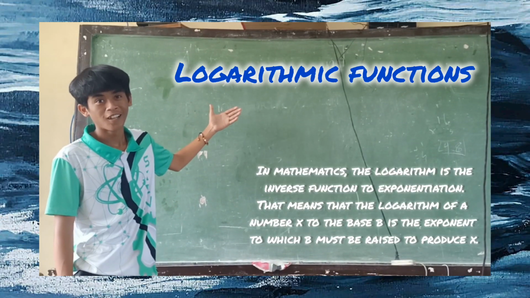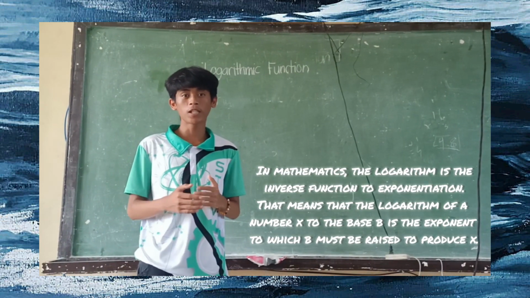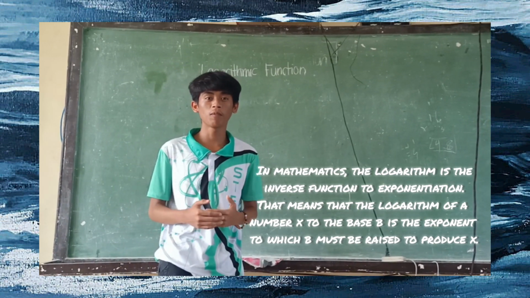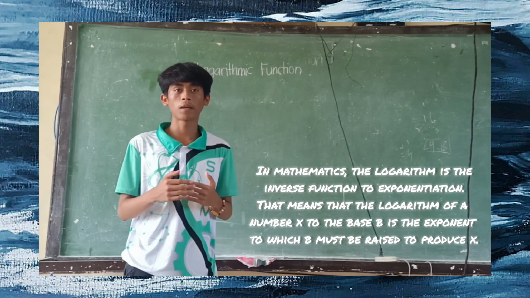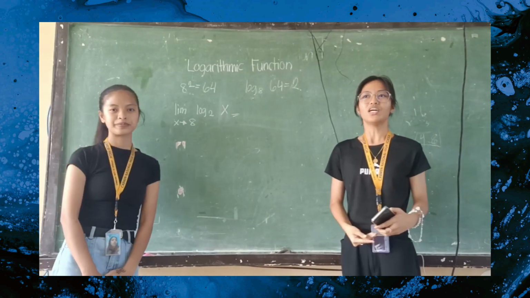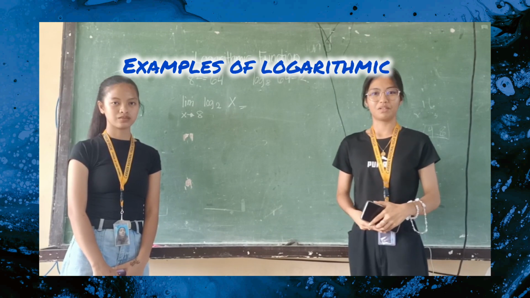Logarithmic function. In mathematics, the logarithm is the inverse function to exponentiation. That means that the logarithm of a number x is the exponent to which the base must be raised to produce x. We are here today to give you some examples on how to solve a limit with a logarithmic function.